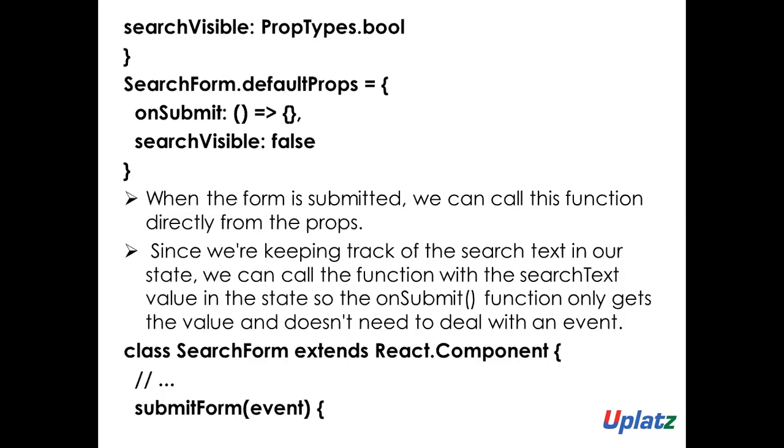Since we keep track of the search text in our state, we can call the function with the search text value in the state, so that the onSubmit function only gets a value and does not need to deal with that particular event. When the form gets submitted, we can call the function from the props. That is the overall concept and explanation of this particular line.